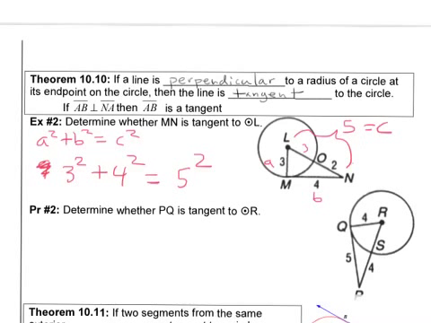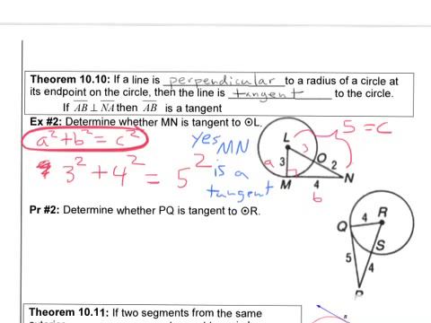And so is MN tangent? Well, yes, because we know that this is a right triangle because it satisfies the Pythagorean theorem. And if it's a right triangle, it's a right angle. And if it's a right angle, it's a tangent. So our answer would be, yes, MN is a tangent.